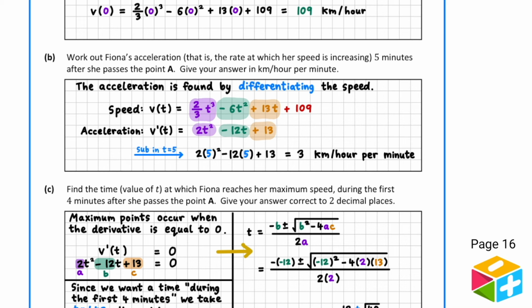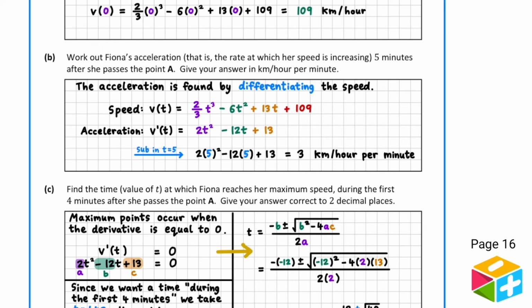Additive constants differentiate to 0, so the plus 109 will differentiate to 0 and simply disappear. This means that the acceleration function v dashed of t is equal to 2t squared minus 12t plus 13.